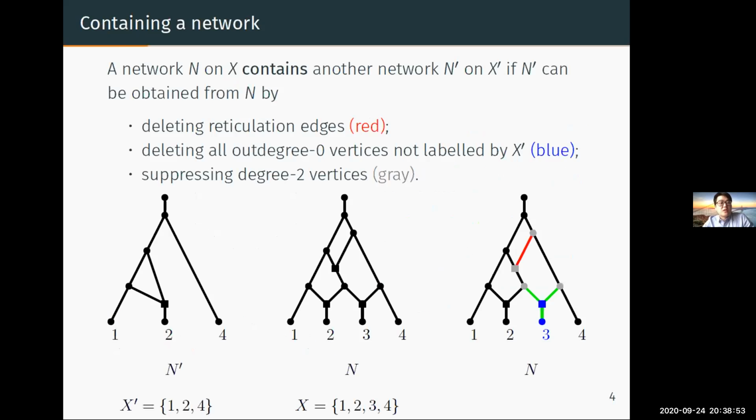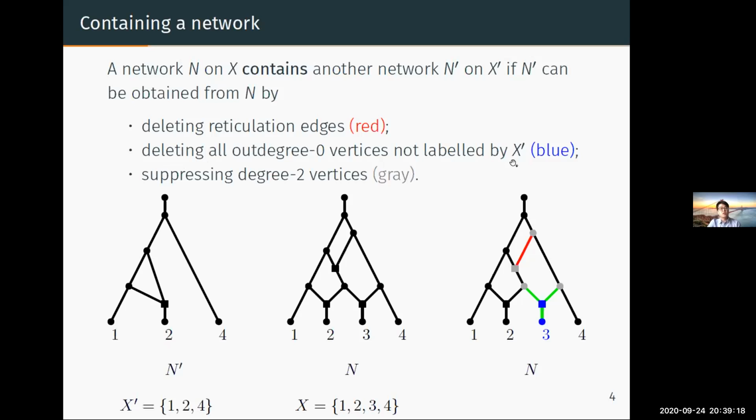So what does it mean for a network to contain another network? Well, a network N on X contains another network N prime on X prime if N prime, so this is the smaller network, can be obtained from N, the larger network, by deleting some reticulation edges, deleting all out degree 0 vertices not labeled by X prime.